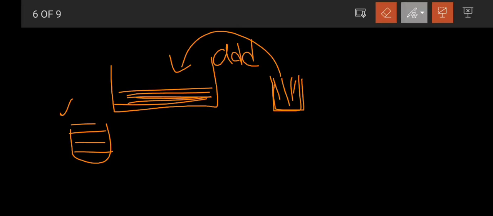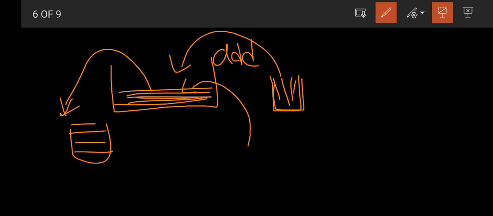Now we removed it, and then we added another glass. So we added one glass of rice and removed one glass of rice, but the quantity of rice in this container is the same.